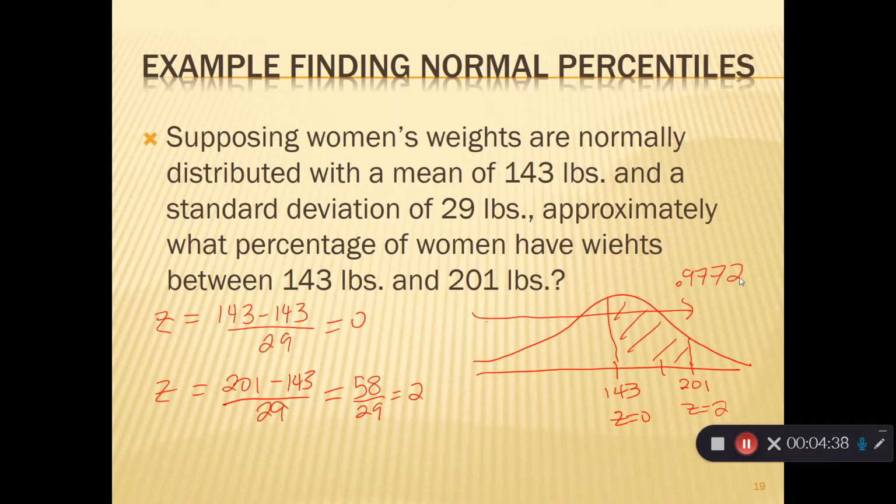So we want to remove this area, which we know by symmetry is half the curve. So 0.9772 minus 0.5 is 0.4772. So approximately 47.72% of women would have weights in between those values.